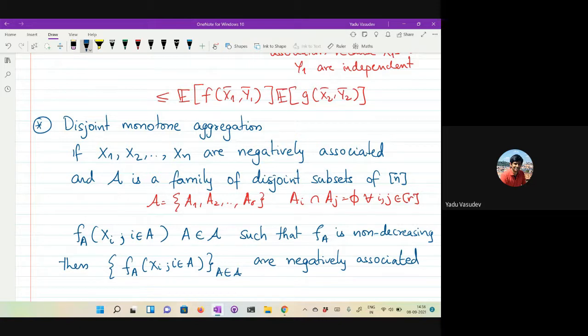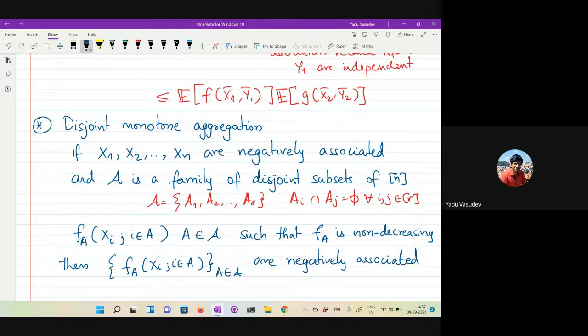This is again not hard to see, because if you take two functions f and g, and you take f of f sub A, since f sub A is non-decreasing and f is also non-decreasing, f of f sub A is again going to be non-decreasing, and therefore you can apply the same definition. And since the xi's are themselves negatively associated, you can apply the definition twice and prove this. So this again just follows from the definition of negative association.